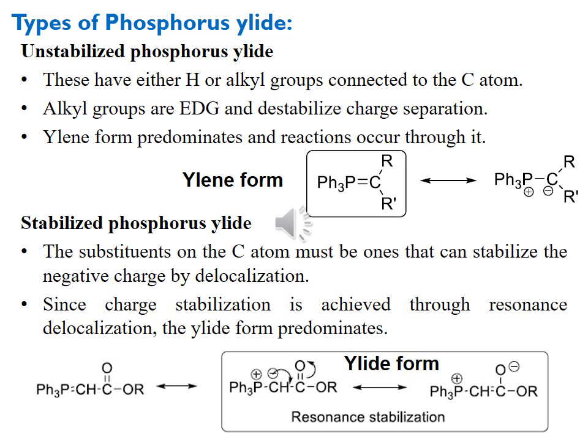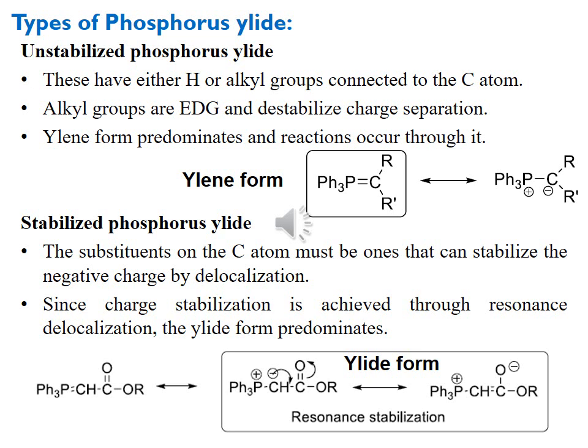In case of stabilized phosphorus ylide, the substituents on the carbon atom must be ones that can stabilize the negative charge by delocalization. That is, they have a carbonyl group etc., which can stabilize the charge through resonance or conjugation. Since charge stabilization is achieved through resonance or delocalization, the ylide form predominates.